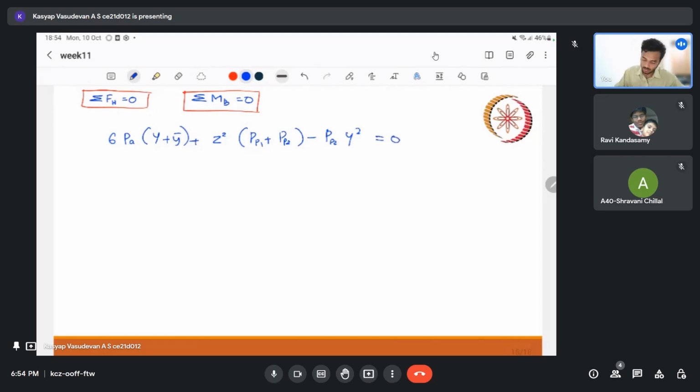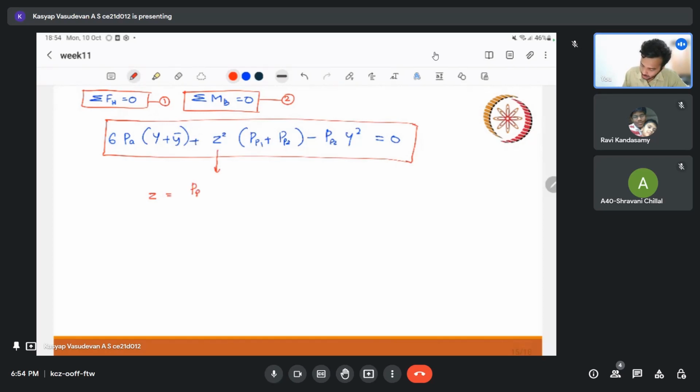We need not remember this equation, but this is what you get if you use these two equations. Now we don't know what z is. z is equal to pp2 y minus 2pa divided by pp1 plus pp2.